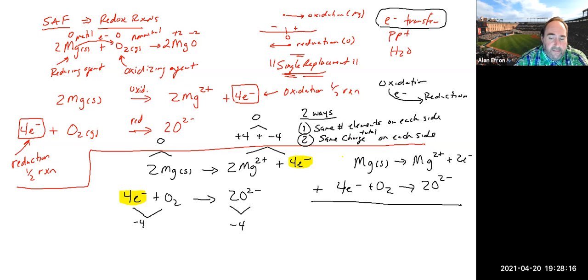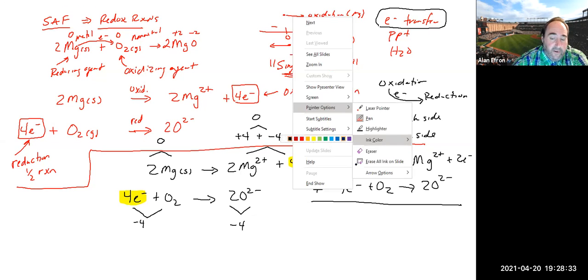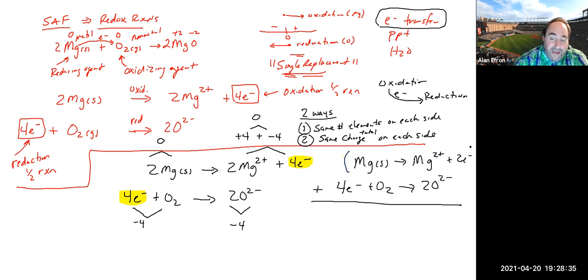If I were to add these back together just like this, I would basically be taking 4 electrons minus 2 electrons, and I would still have 2 electrons, which is not good. So sometimes when you're in this situation, you do need to take a half reaction, and it may be one of the half reactions. It may actually be both half reactions sometimes.